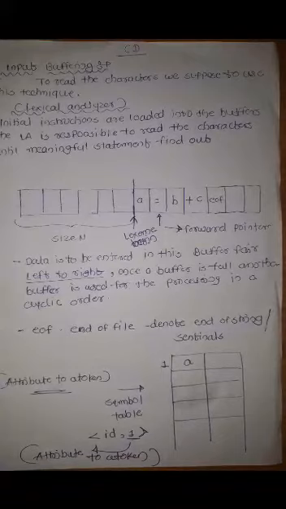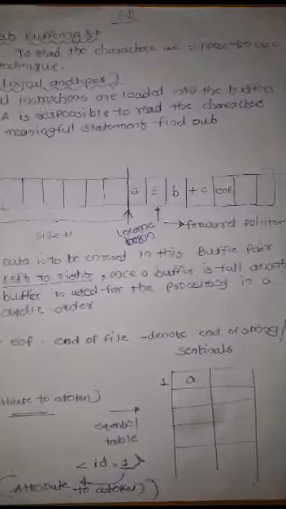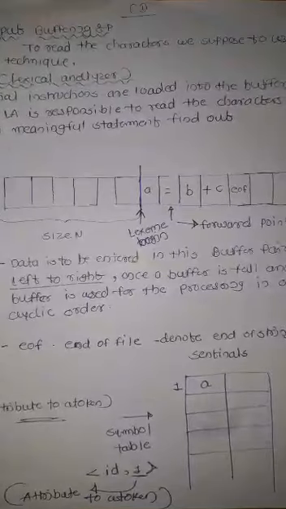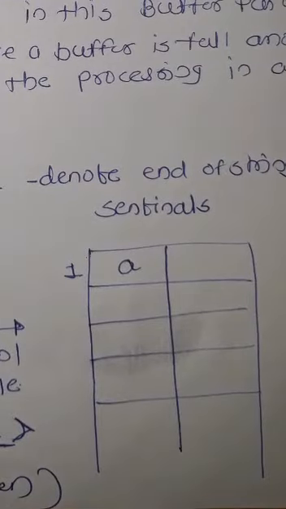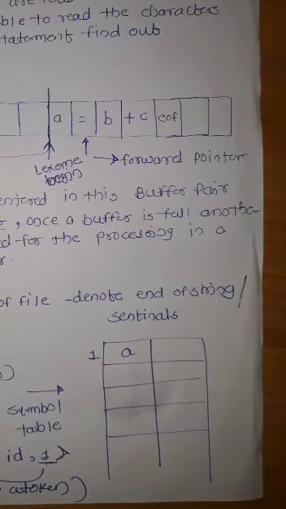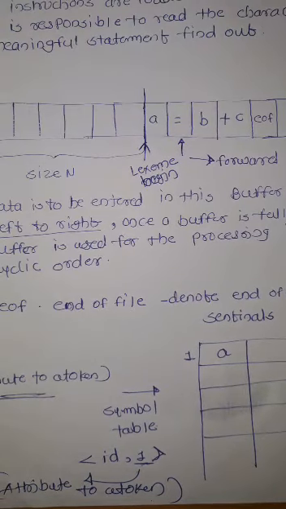Now, what is the attribute to a token? This first entry a is just like in memory. In which position is a in memory? Suppose in our example we say the first position.